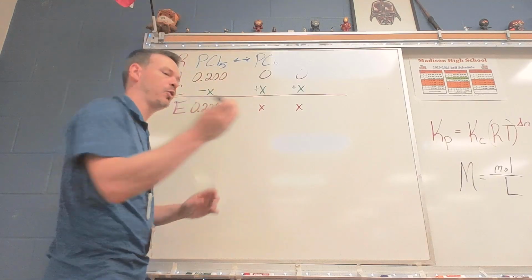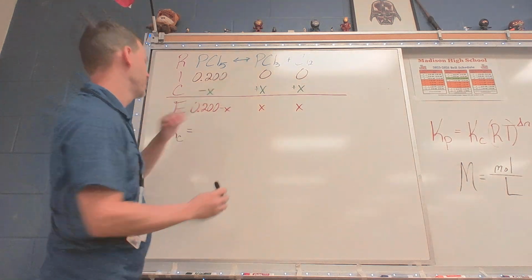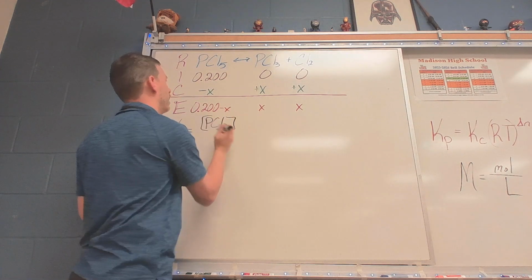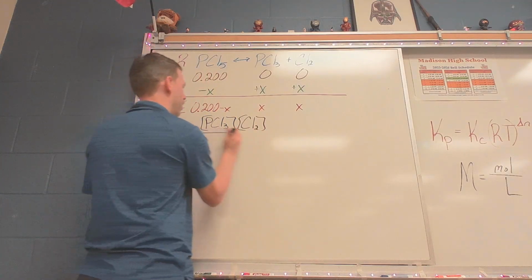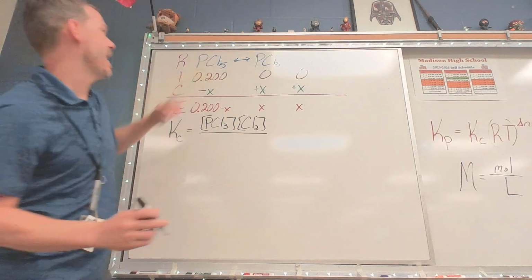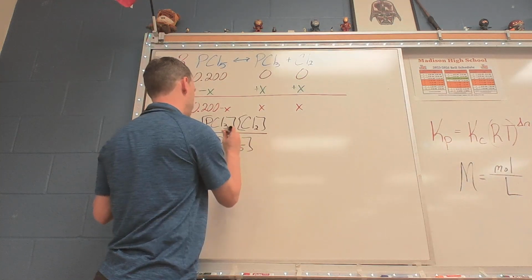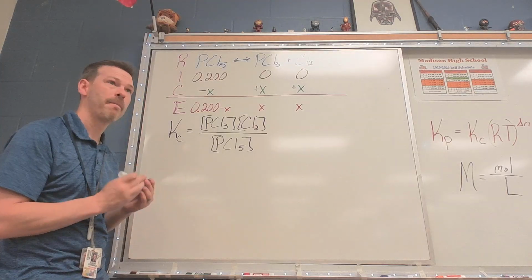Let's go unsubstituted first, which is going to be Kc equals the products of PCl3 and chlorine over the reactant of phosphorus pentachloride. No exponents because there's no coefficients.